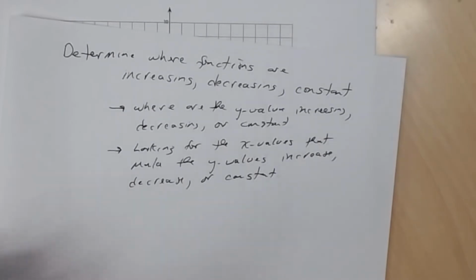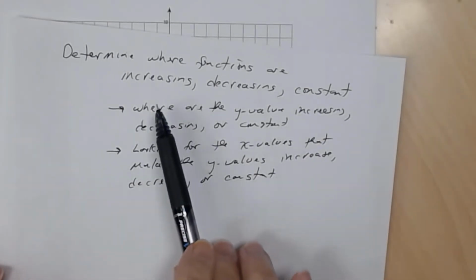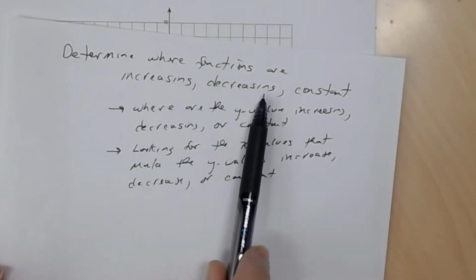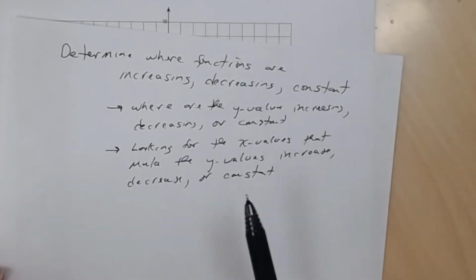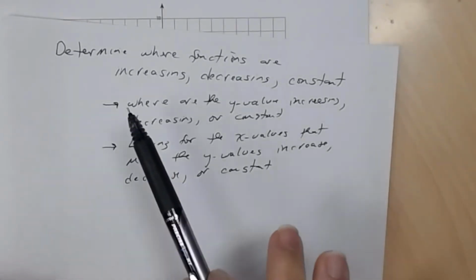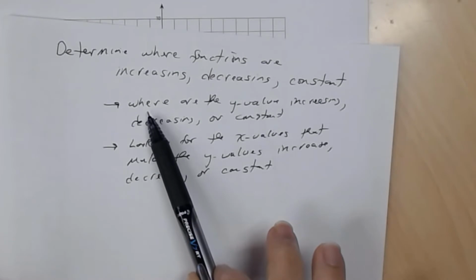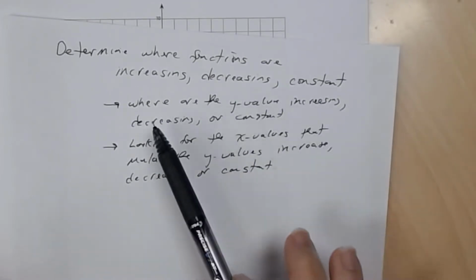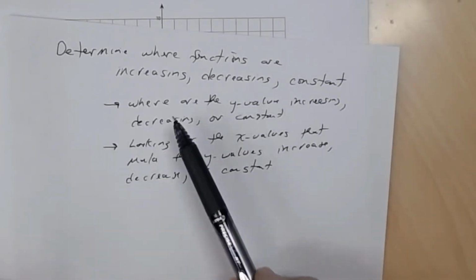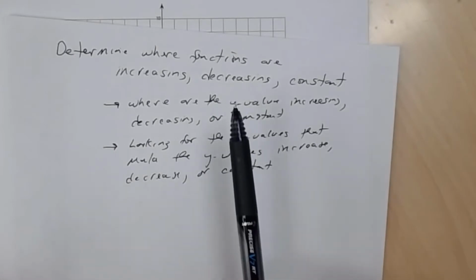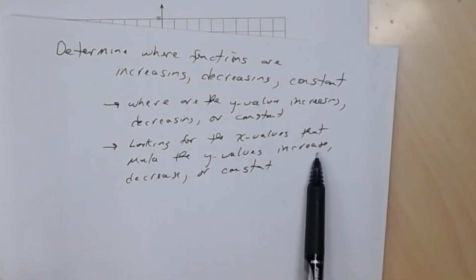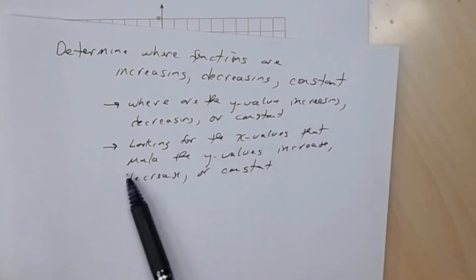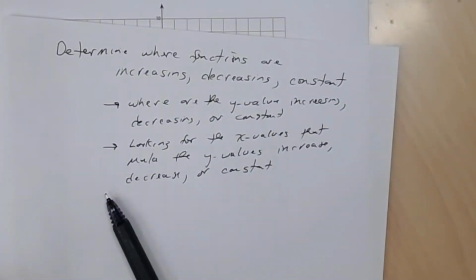Before I look at the first example, review this. When determining where functions are increasing, decreasing, or constant, you're looking at two things. First, where the y value is increasing, decreasing, or constant, and in the process, you're also looking for the x values that make the y values increasing, decreasing, or constant.